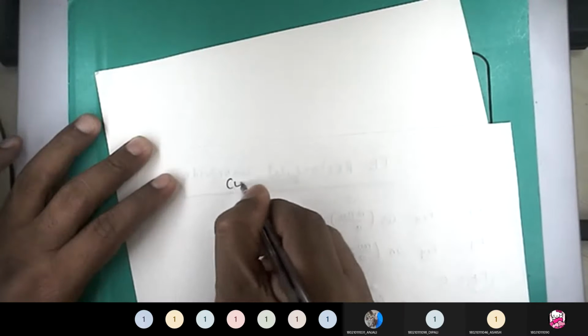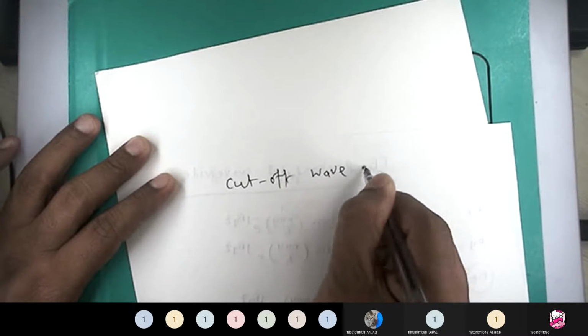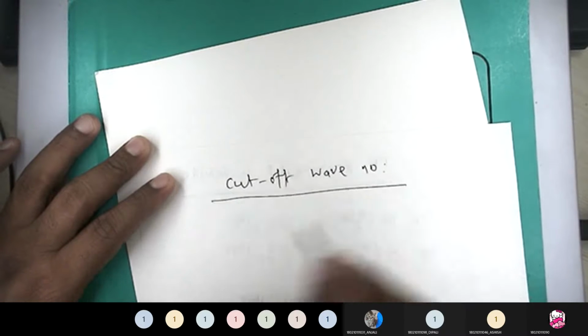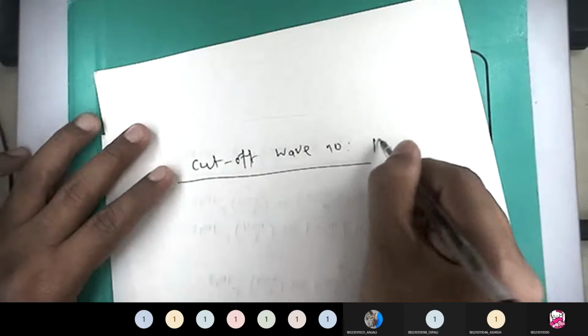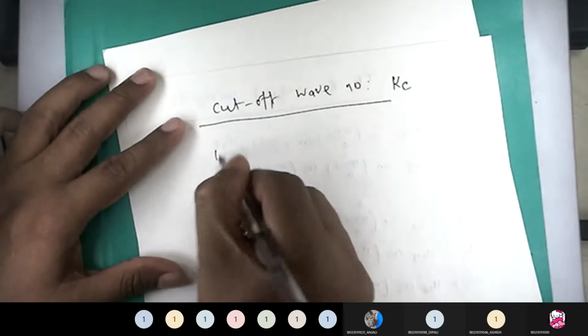In the last class, we also saw some other parameters of the rectangular waveguide, and one of the parameters was the cutoff wave number, denoted by the term Kc.